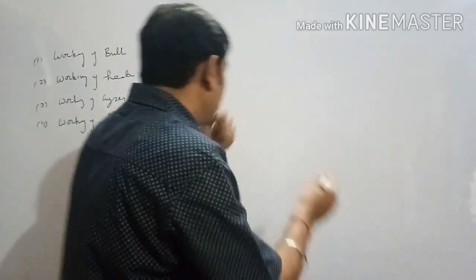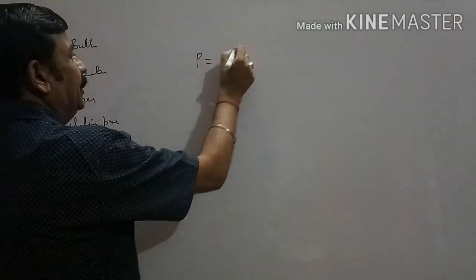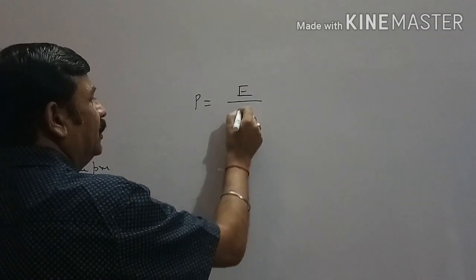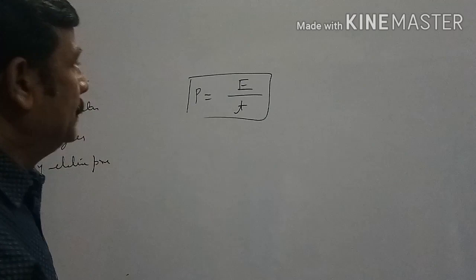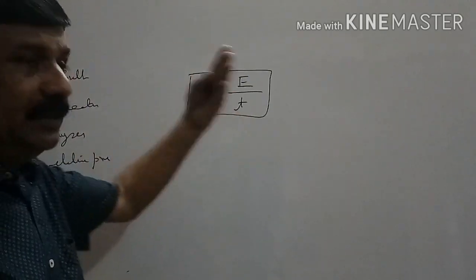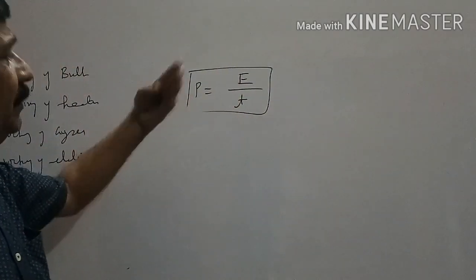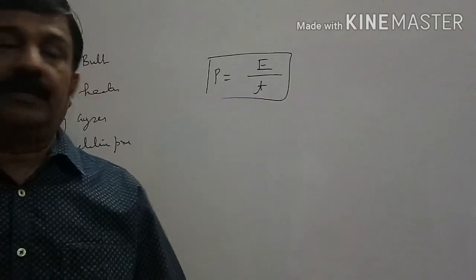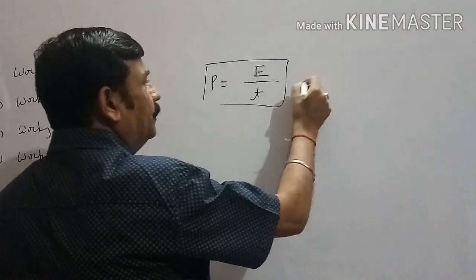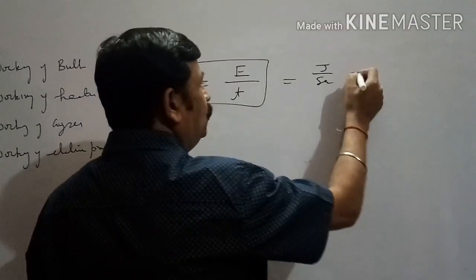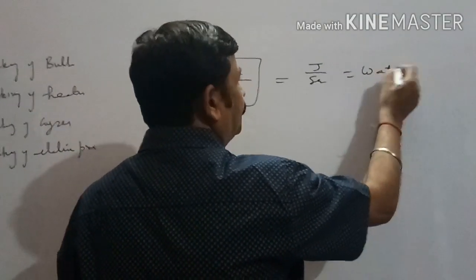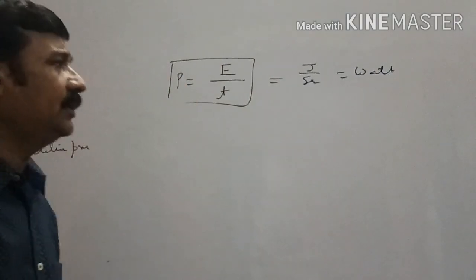So in general, power is defined as energy consumed or energy produced per unit time. This may be energy consumed or energy produced per unit time. As energy is measured in joule, joule divided by time will be the unit of power, and this joule per second is called watt. So the unit of power is watt.